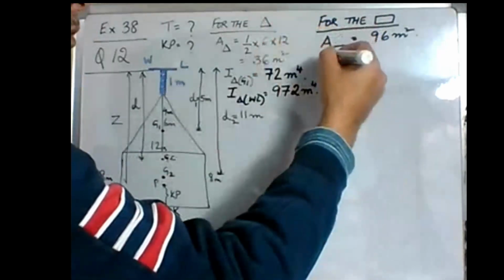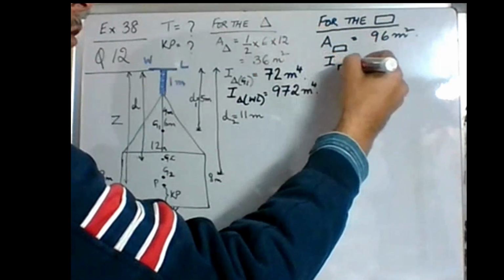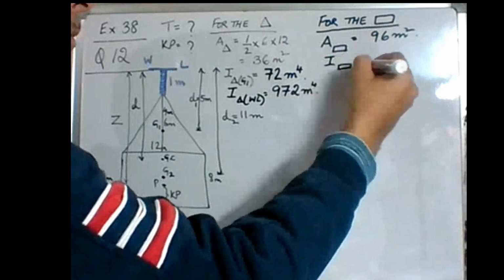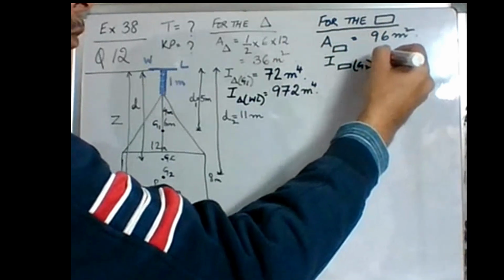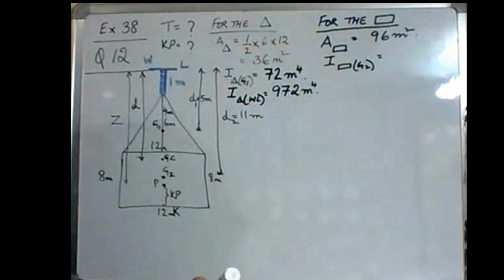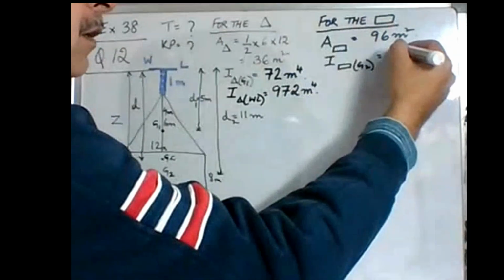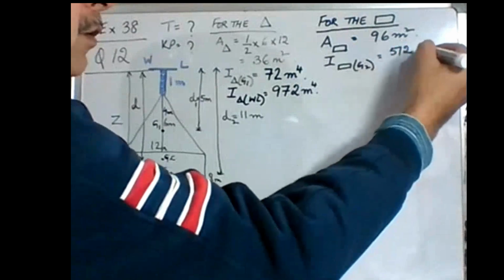Let us come to I of the rectangle about G2. That is 12 into 8 cube upon 12. That is 8 cube, which is 512 M4.